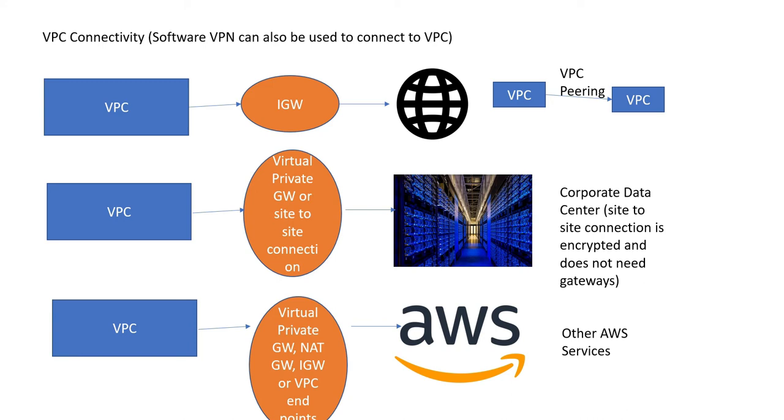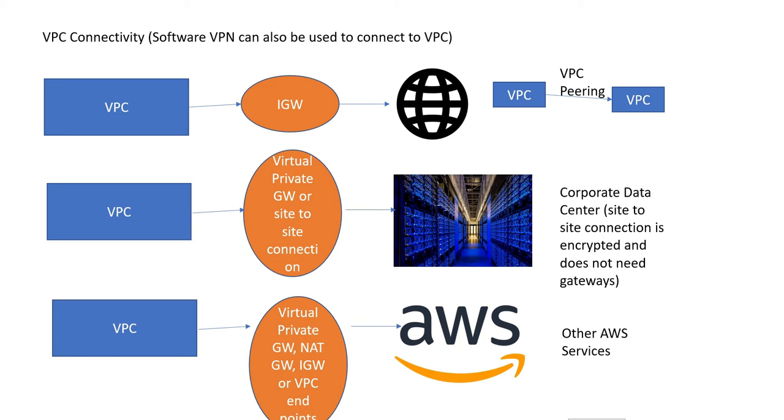Okay. Now there can be business scenarios where the client has its own data centers on premises, and those data centers need to talk to the VPC or some instances on that VPC. So how to do that? In this case, the first thing you can do is establish a site-to-site connection.